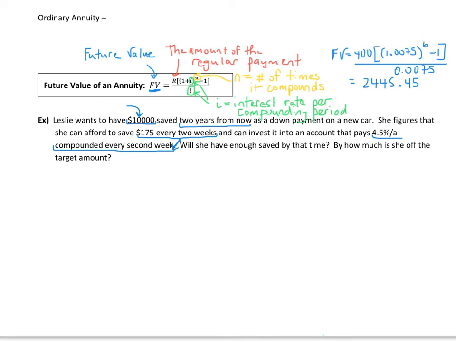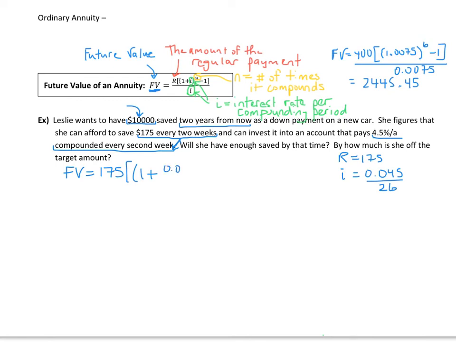So let's figure things out here. Her regular payment, we can figure out the future value. Her regular payment is $175. We can figure out the I value. So R is $175. The I is 0.045, and it's every second week. Now remember, there are 52 weeks in a year, so if we're going every other week, we're going to divide by 26 there.